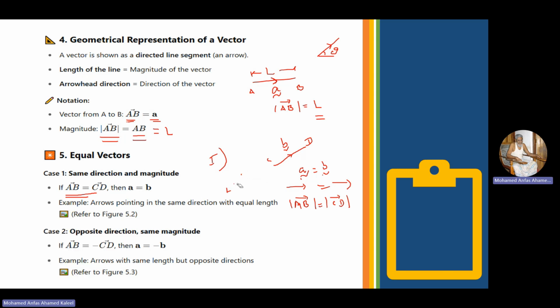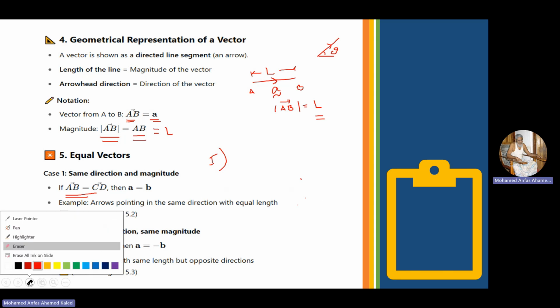In the other option, there are two vectors that are parallel and have the same magnitude.